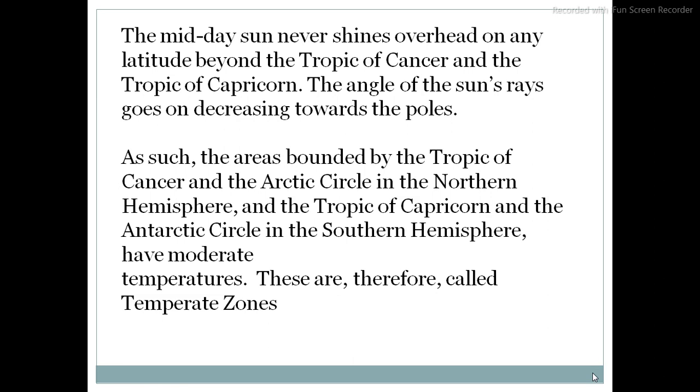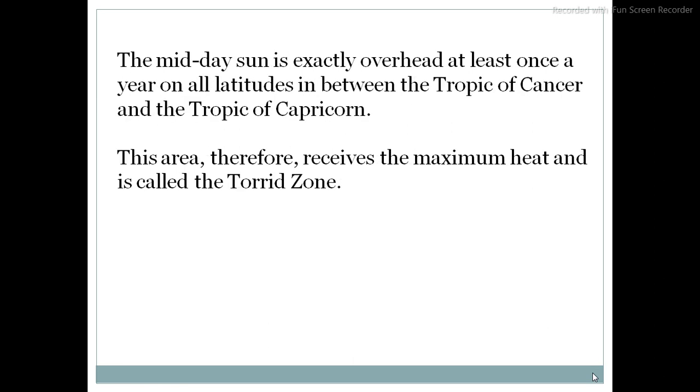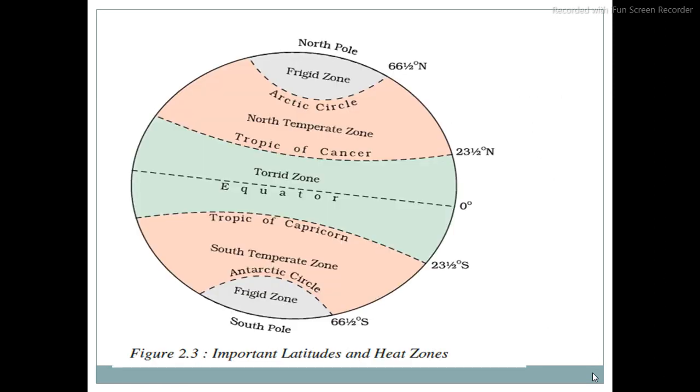Let's see with the help of the diagram once again, figure number 2.3. First I explained the torrid zone. This is the torrid zone. Now we are going to see the temperate zone. This is the south temperate zone where my finger is, and above it the north temperate zone.